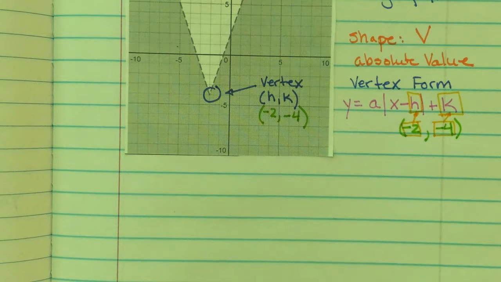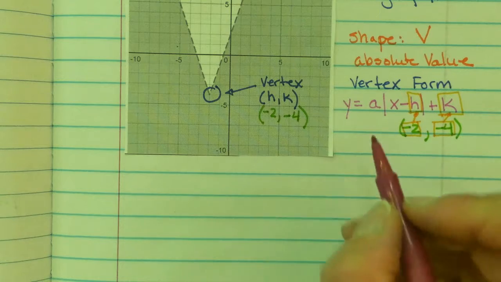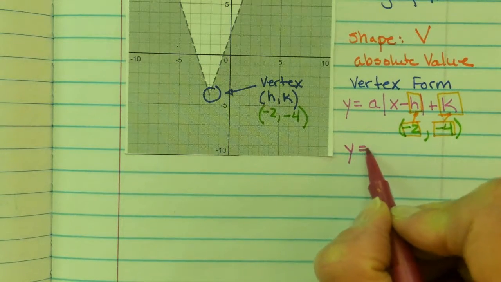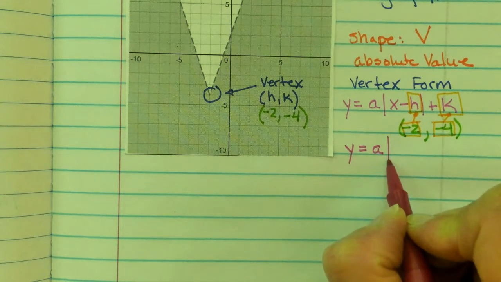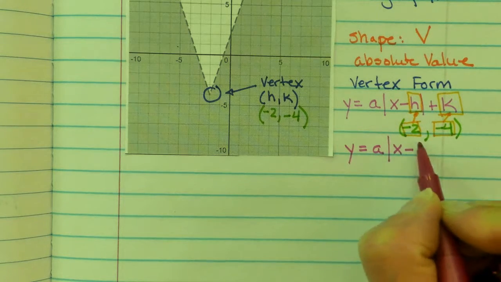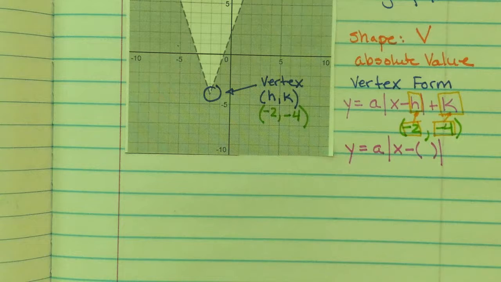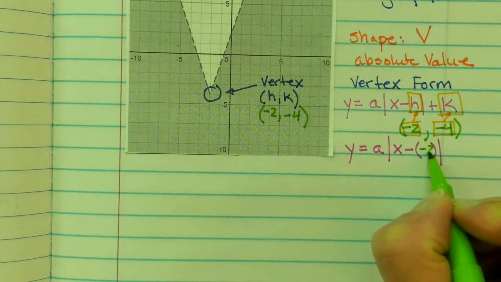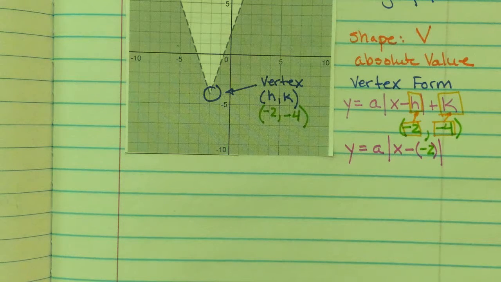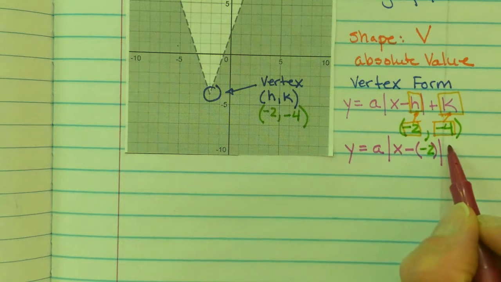So that means we have the equation y equals a absolute value of x minus, and I'm going to put in our value of h, which was negative 2, and then plus k.